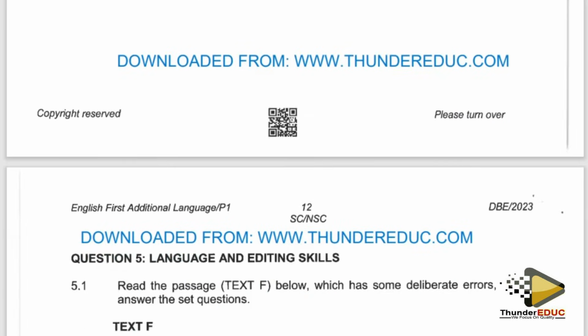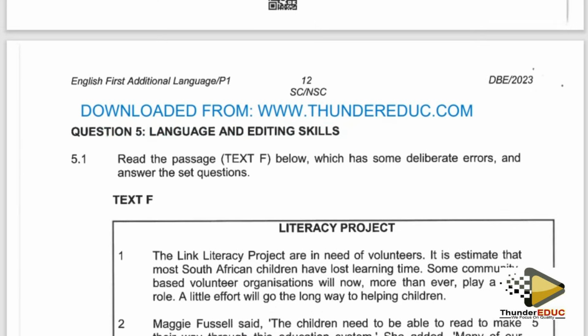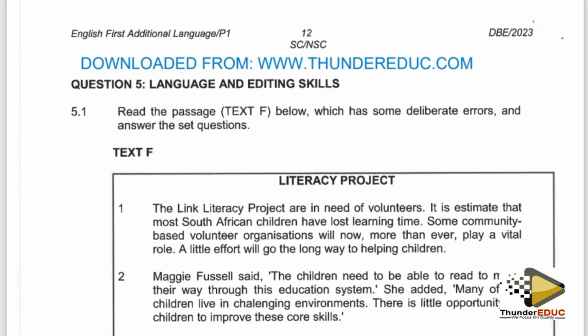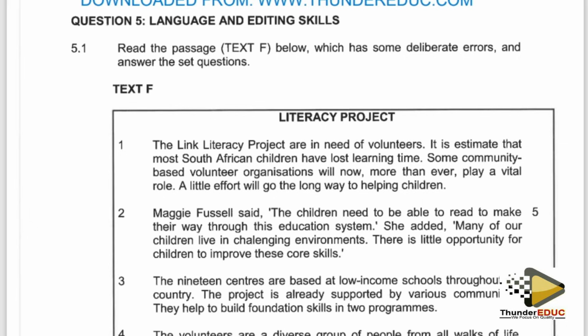All right, let's go to our question 5. Question 5 is our language and editing skills. Read the passage, which is text F, which has some deliberate errors, and answer the said questions. Literacy Project was the title. The Link Literacy Project are in need of volunteers. It is estimated that most South African children have lost learning time.